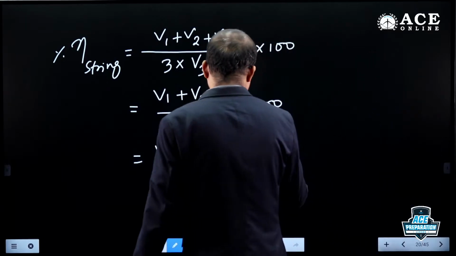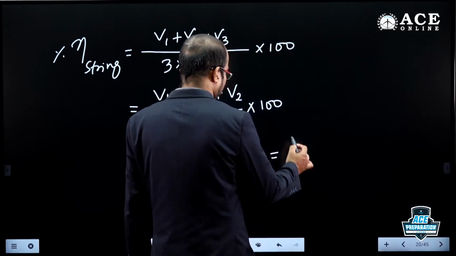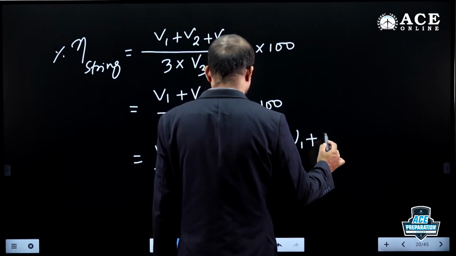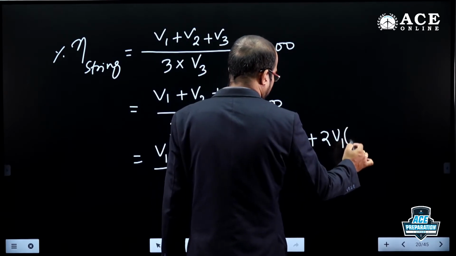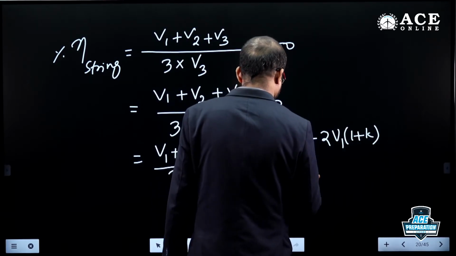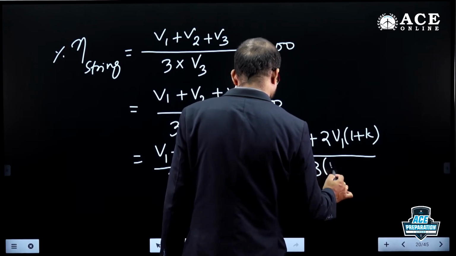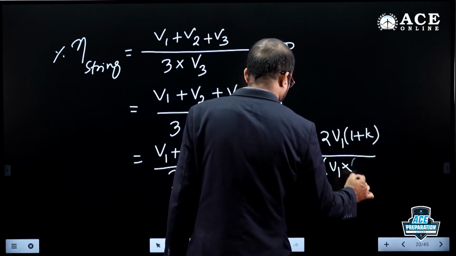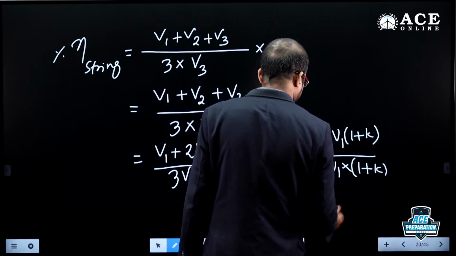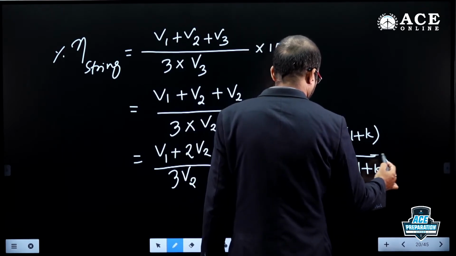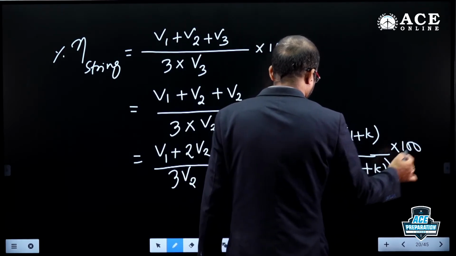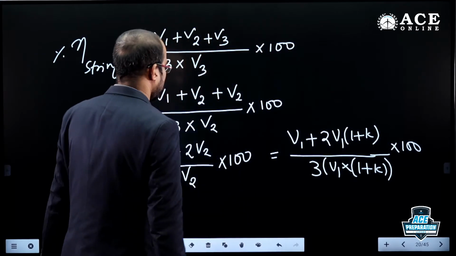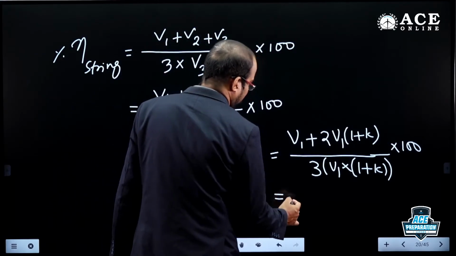So here we can rewrite it as V1 plus 2 times V1 into (1 plus K), by 3 times V1 into (1 plus K), into 100. V1 gets cancelled out. So what will be the string efficiency?